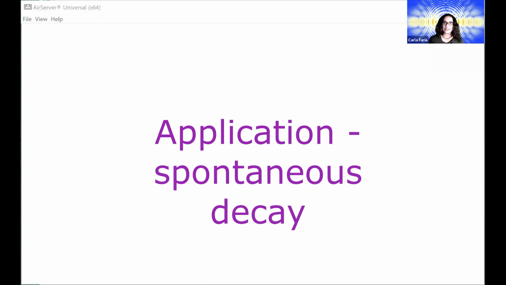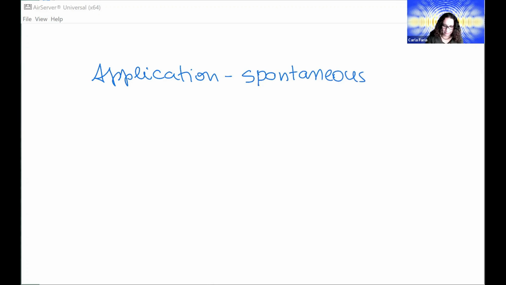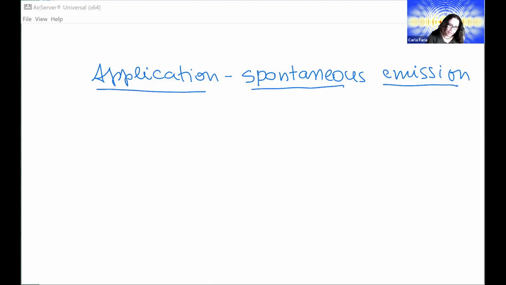Okay, so we're going to set up the problem and we're going to discuss how we apply the Lindblad formulation of the Markovian evolution that we have just derived for a problem which is very well known, which is spontaneous emission. And what we're going to consider is a two-level atom.